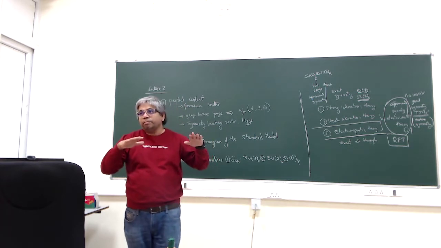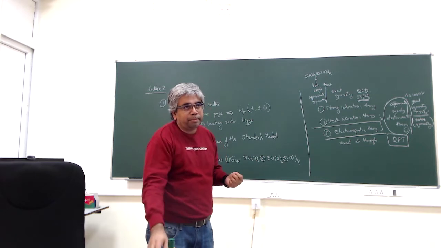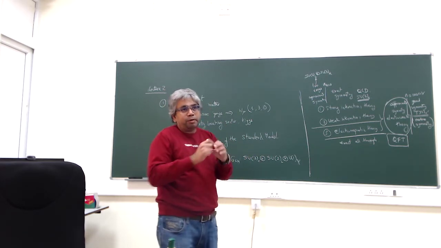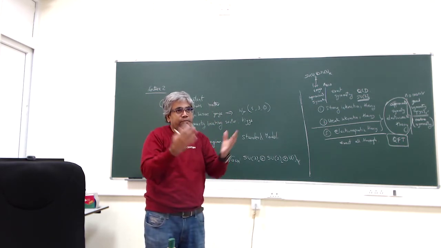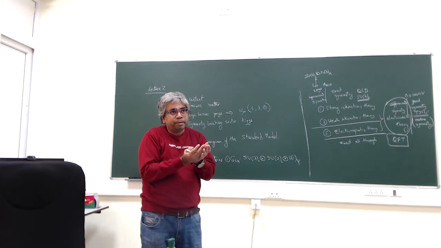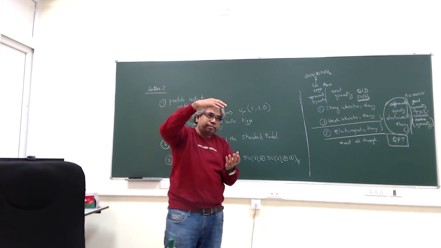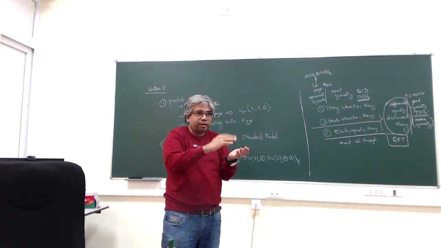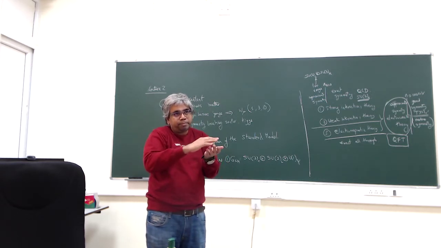Vacuum expectation value means that the field value is non-zero at the lowest energy state. That is only possible for a scalar field, in the sense that we have a non-zero probability of finding a bunch of particles at the lowest energy state, and you are now building your quantum field theory around it. So if you want to put a bunch of particles there, you can only put scalars, because you cannot have fermions in one particular energy state.